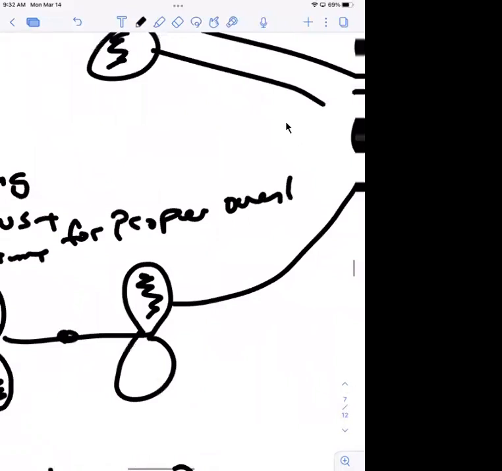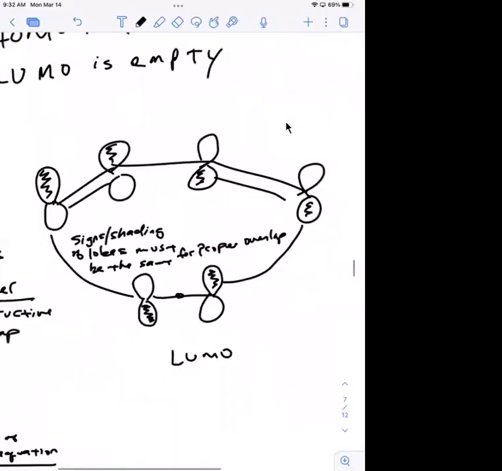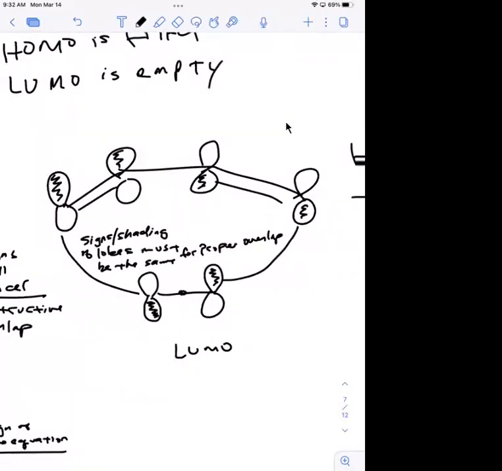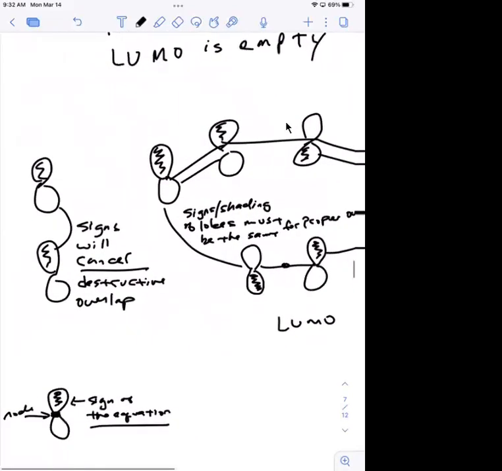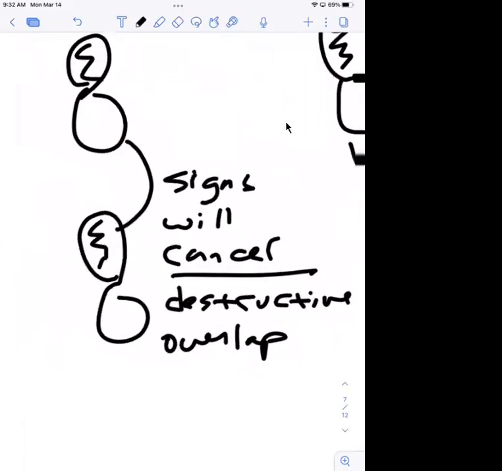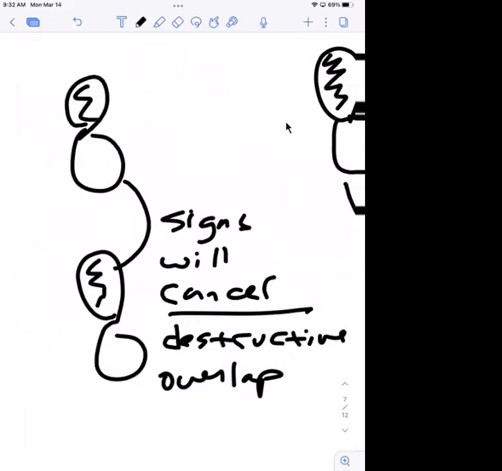I have a question. Go ahead. Could you go back to what you were just explaining about the signs, like the destructive overlap? Can you re-explain that, because I don't understand? Okay, let me just say this. The lobes are all the same size, right? So that means the value is equivalent.